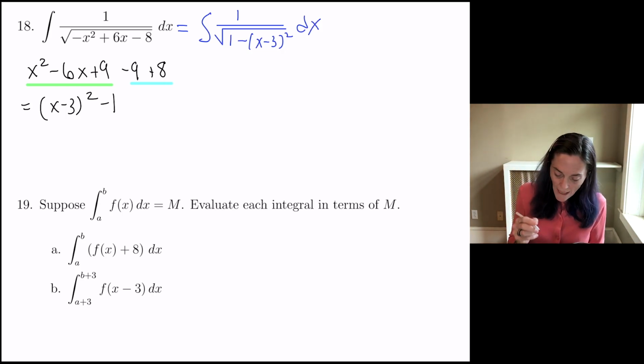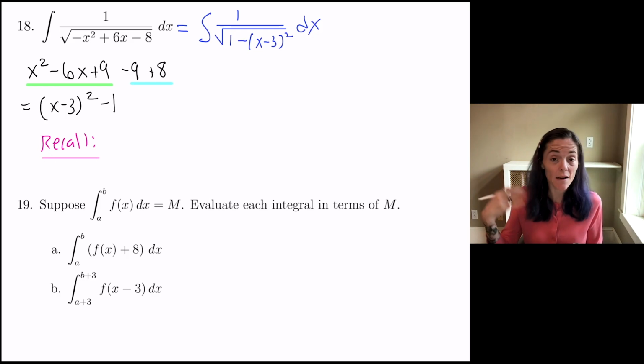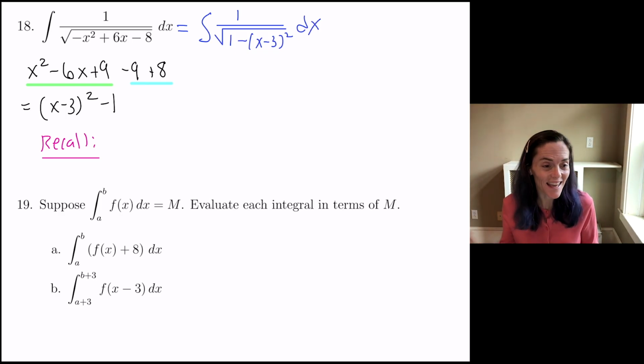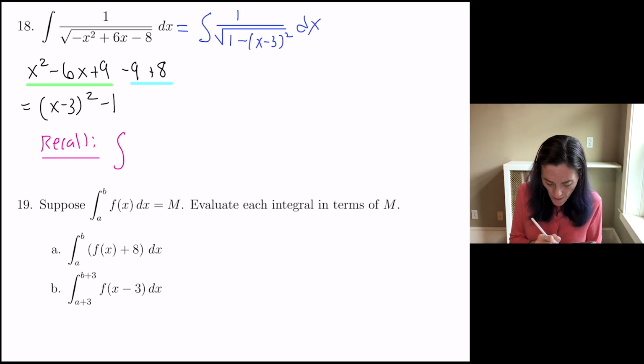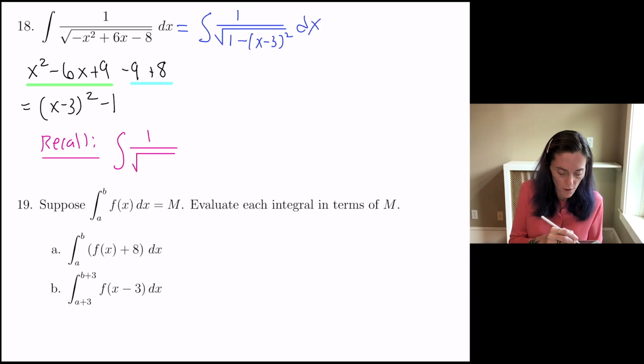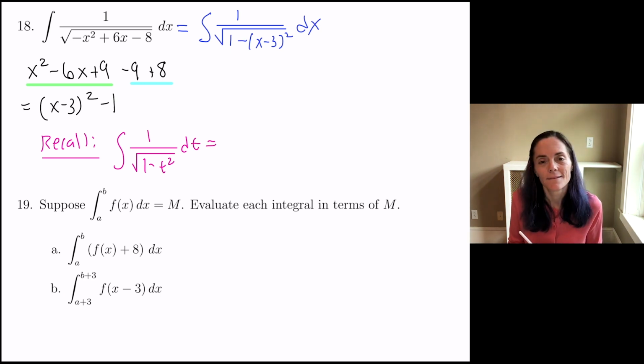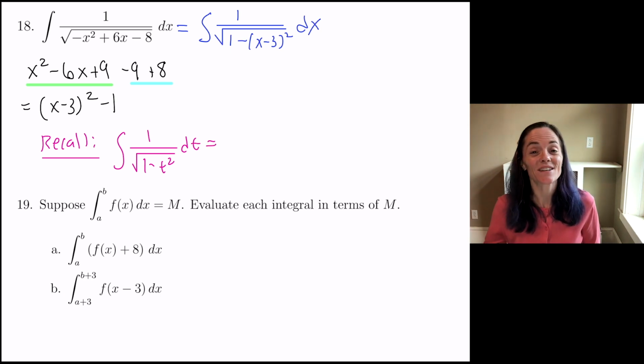Maybe I should do a recollection here. I might erase it after we write it down. We haven't used this integral in our integration practice at all yet. We integrate 1 over square root, let's say 1 minus t squared dt. This is the sine inverse.